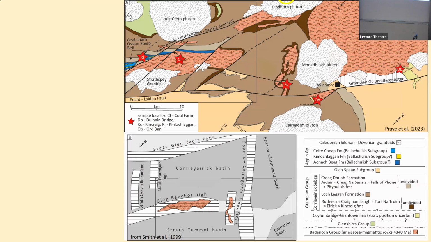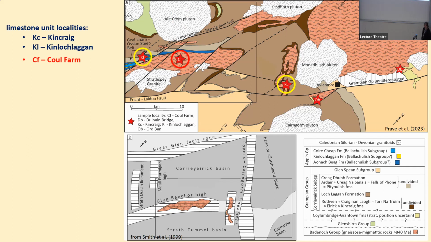So there are the two localities that have been key to identifying Grampian group limestones, the Kincraig rocks, and Appin group limestones, the Kinlochlogan rocks. In betwixt is Cool Farm, a central cornerstone to this idea of the onlap of the Glenbanker High with the Appin group.